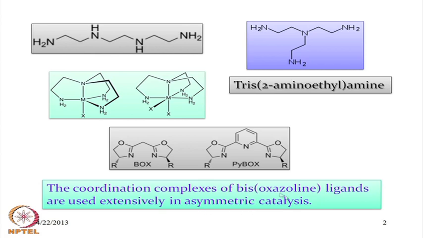In organic chemistry, asymmetric synthesis has benefited a lot from this sort of ligands, where a typical geometry is adopted compared to the bipyridyl or terpyridine type of ligands. So, these are one other group of ligands.